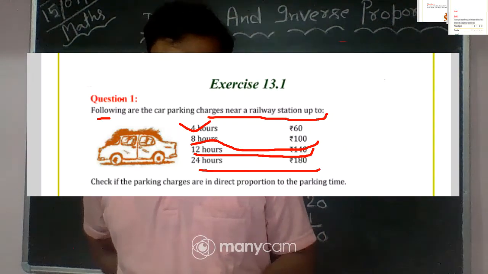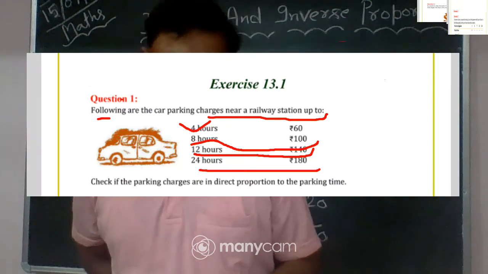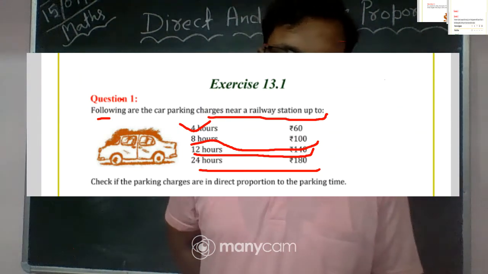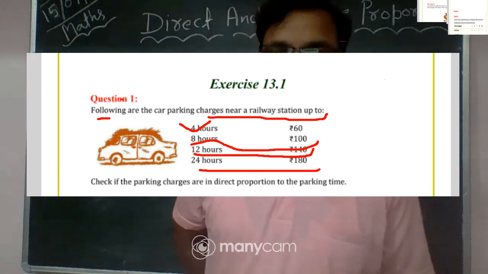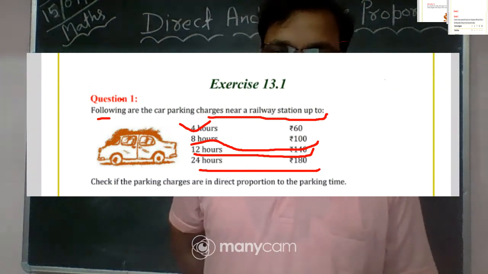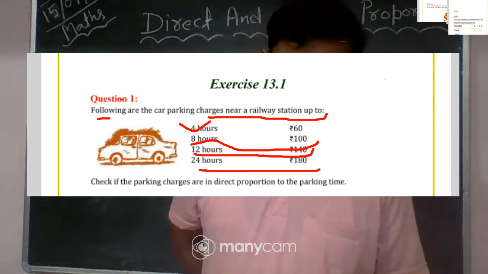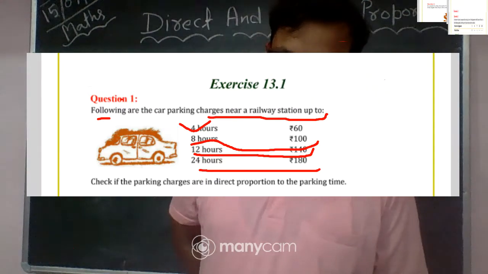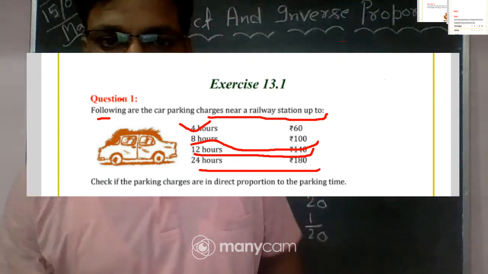So the charge per hour is 180 by 24, this is equal to 7.50 rupees. So you can see here the charges are not the same, they are varying. Okay, so in the case of direct proportion, the ratios are the same. But here the parking charges are not in direct proportion to the parking time. Okay, this is clear.